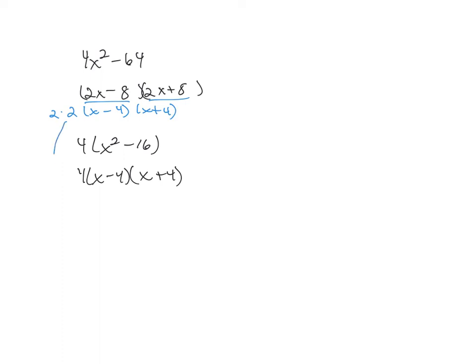And then 2 times 2 is 4, and then x minus 4 and x plus 4. So there's a couple of tricky ones like that where the numbers both have a square root, but they also have something in common. So make sure that you account for that.